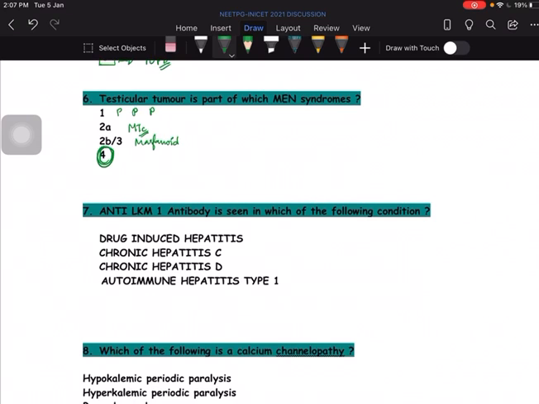Anti-LKM 1 antibody is seen in chronic hepatitis C. LKM 1, 2, 3: 1 is seen in chronic hepatitis C, 2 is seen in drug-induced hepatitis, and 3 in chronic hepatitis D. Also, anti-LKM 1 is present in autoimmune hepatitis type 2. Okay, so you'll have to memorize these antibodies.